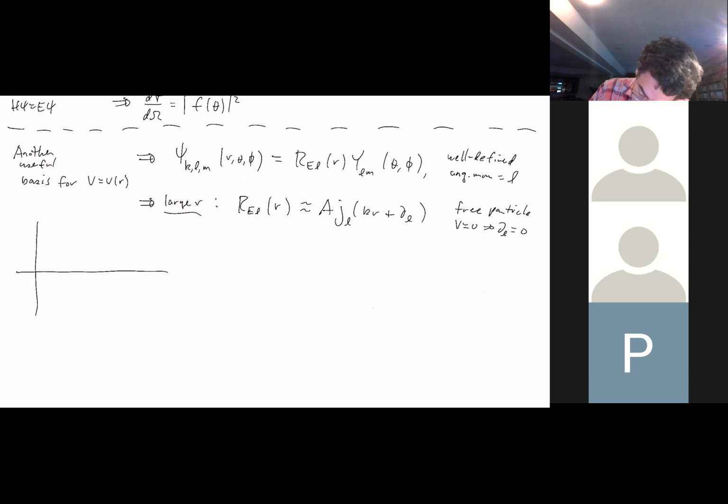Here's my Bessel function, and if my potential is here, V less than 0, an attractive potential, then compared to the free particle, in the presence of the potential the wave function gets sucked in a little bit.